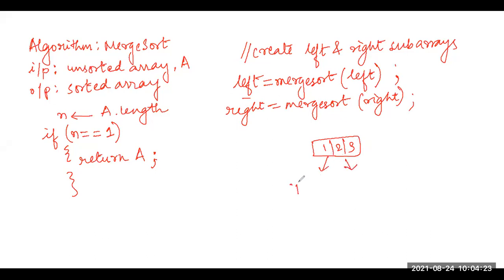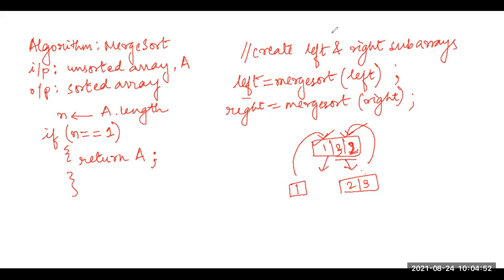This part returned as 1 and this part returned as 2 and 3, but we saved it in the left part only, and this return we saved in the right part only. So when we merge sort the left part, I will save the final result in the left part. When we merge sort the right section, I will save the final result in the right part only.